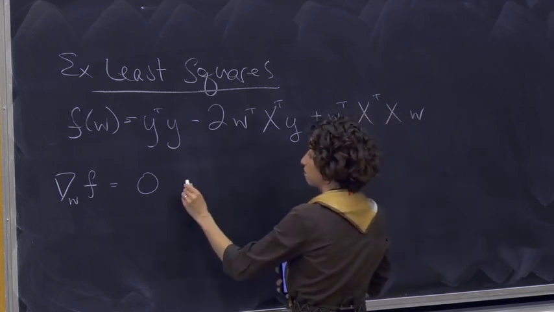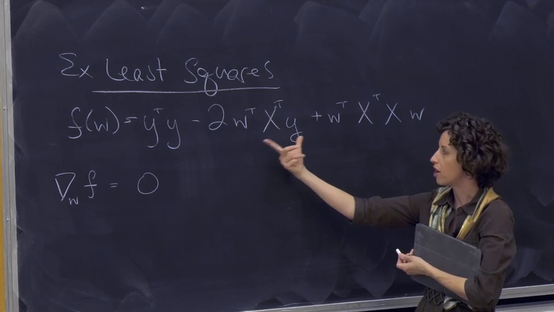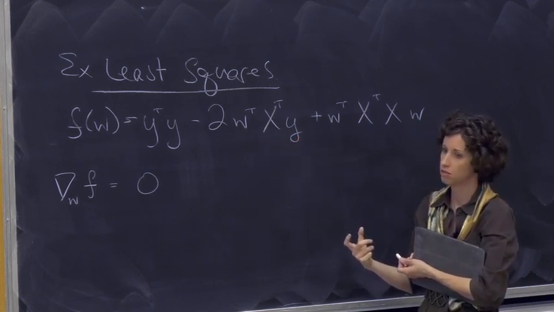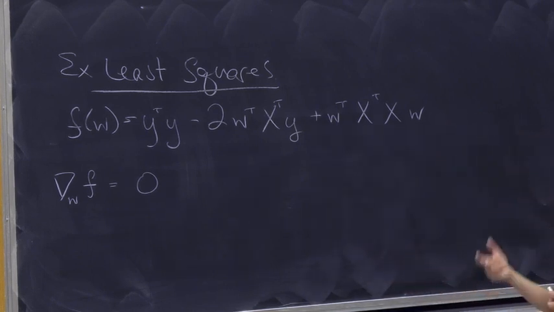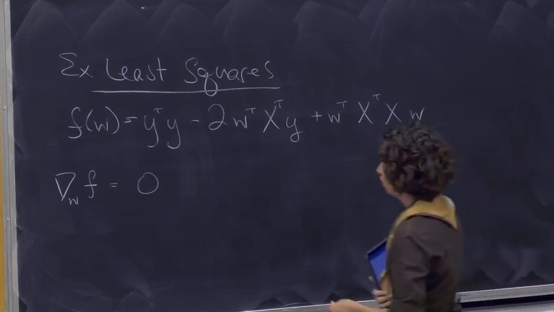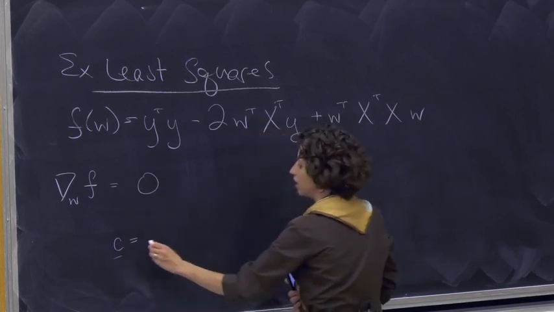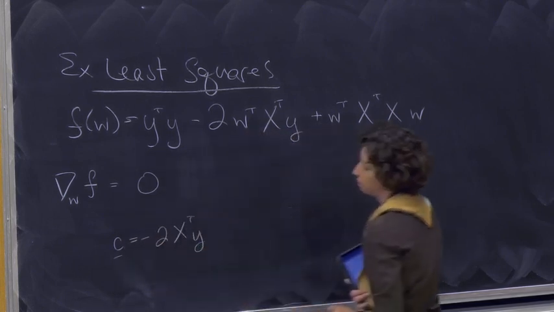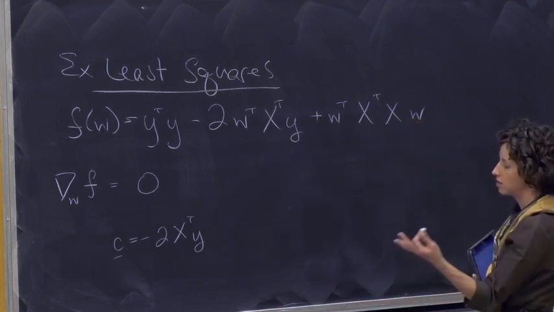For the second term, we've got w transpose x transpose y. So which example does this remind us of? Right, the first example where we had a constant inner product with w. In this case, it's like our constant vector c is negative 2x transpose y. And we said the gradient of the inner product of w and a constant is the constant.